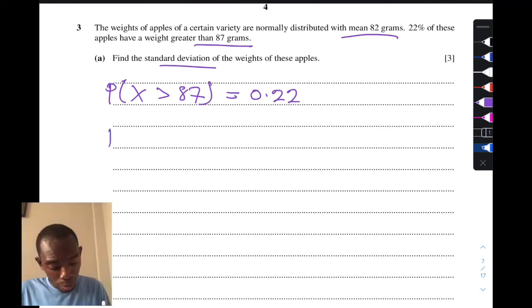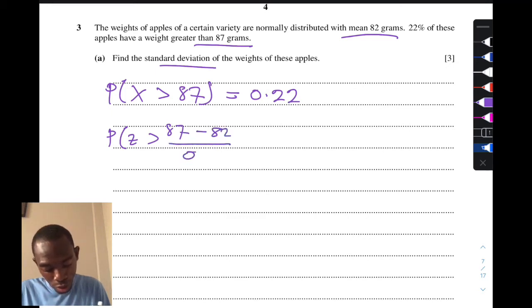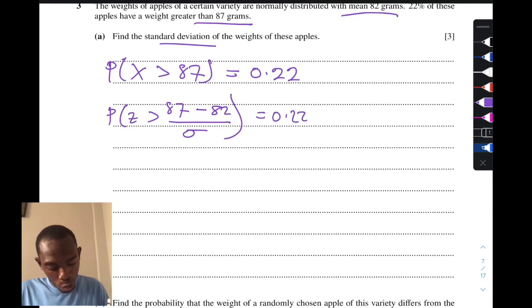So z is greater than (87 minus the mean 82) divided by the standard deviation, call it sigma, is equal to 0.22. Well, that will be 1 minus Φ of 5 over sigma is equal to 0.22.